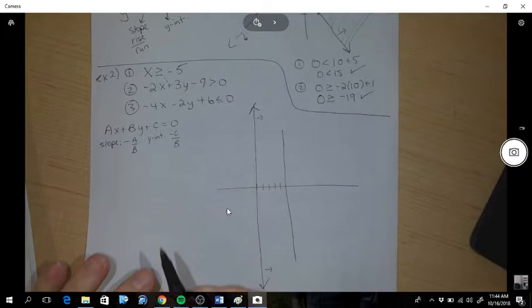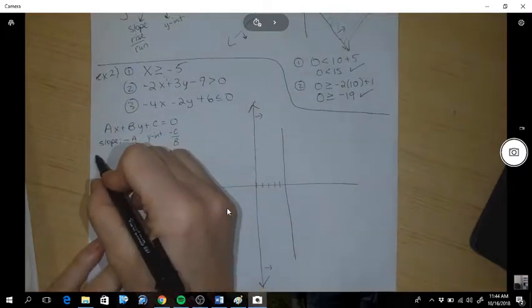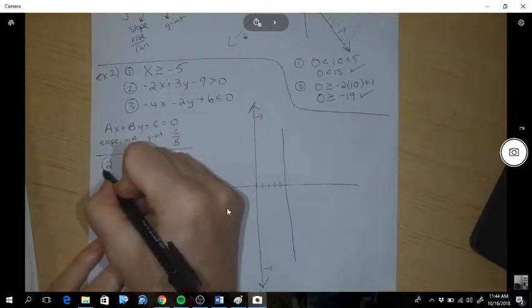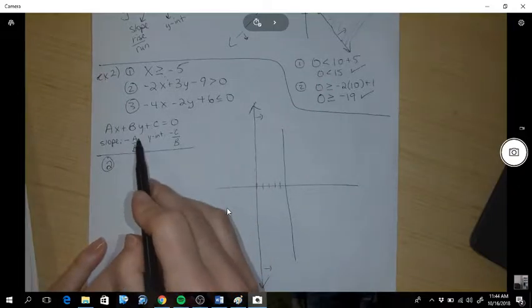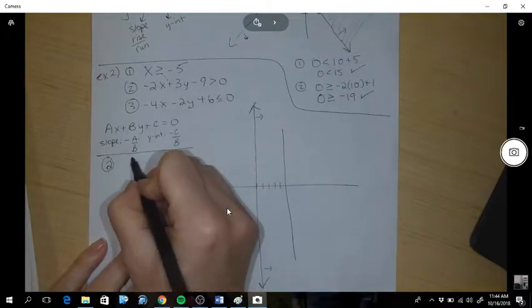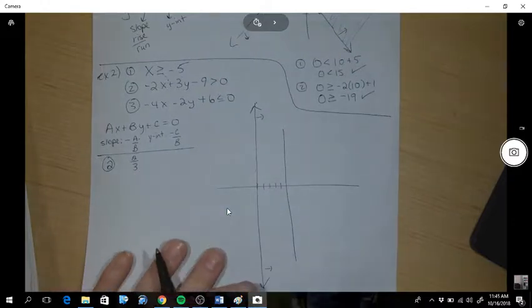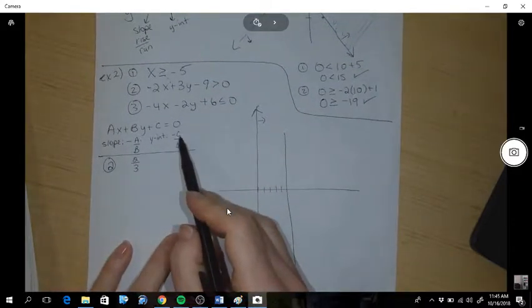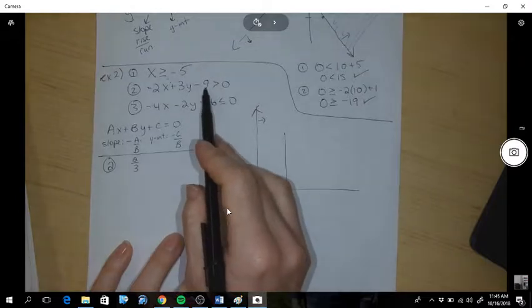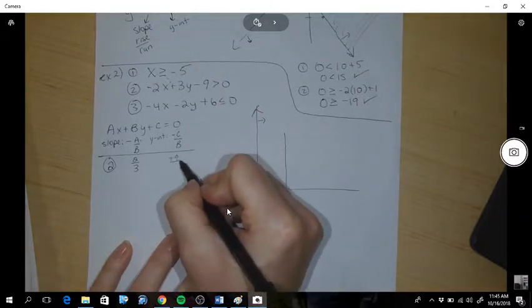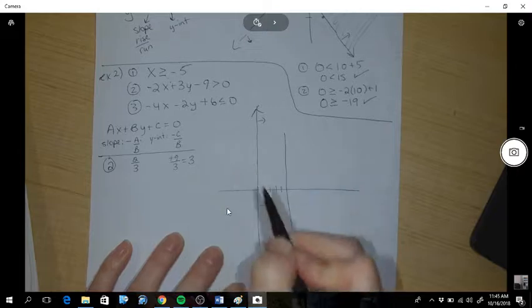So let's do that. So for equation number 2, we're going to do negative a, which is positive 2 over b, which is 3. And then the y-intercept would be the opposite of this, so positive 9 over 3, which is also 3.